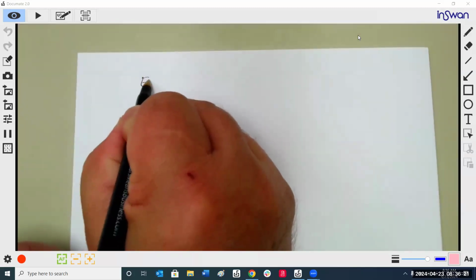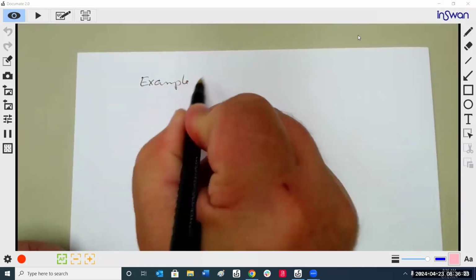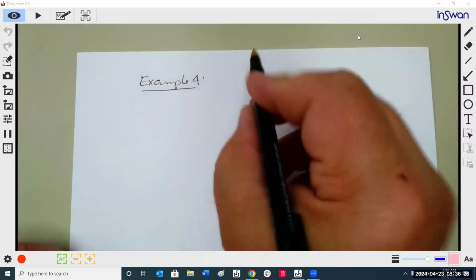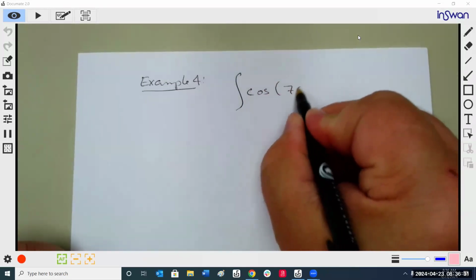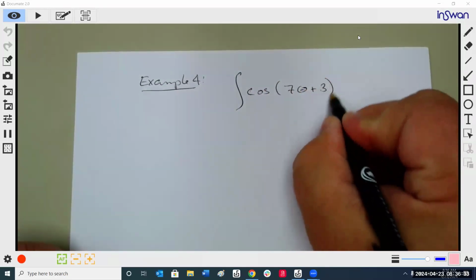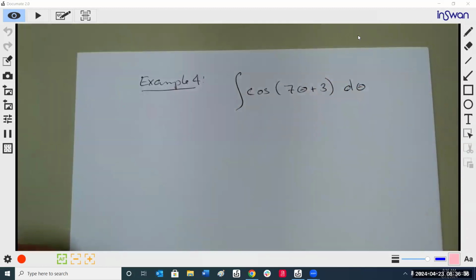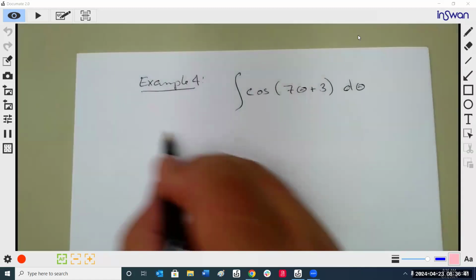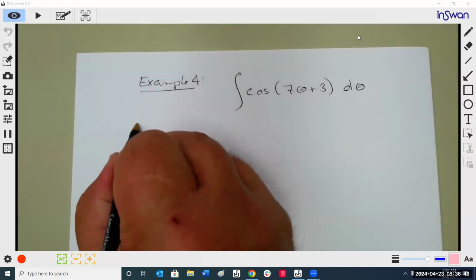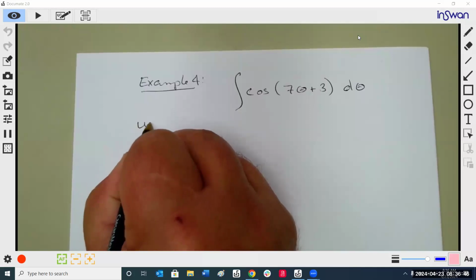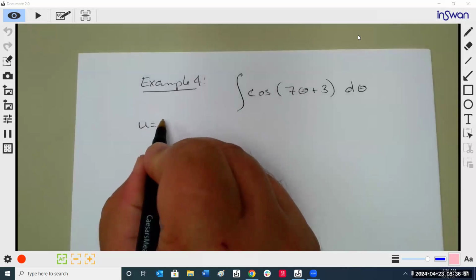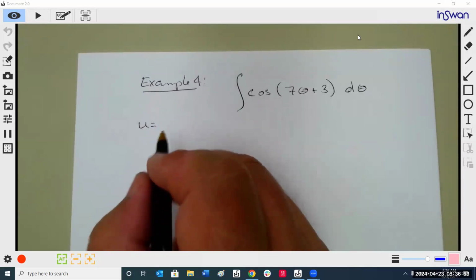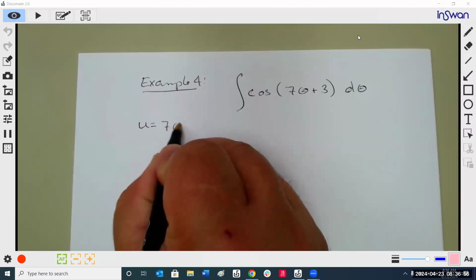Example 4. The integral of cosine of 7 theta plus 3 d theta. Following our steps, what is u? Good.